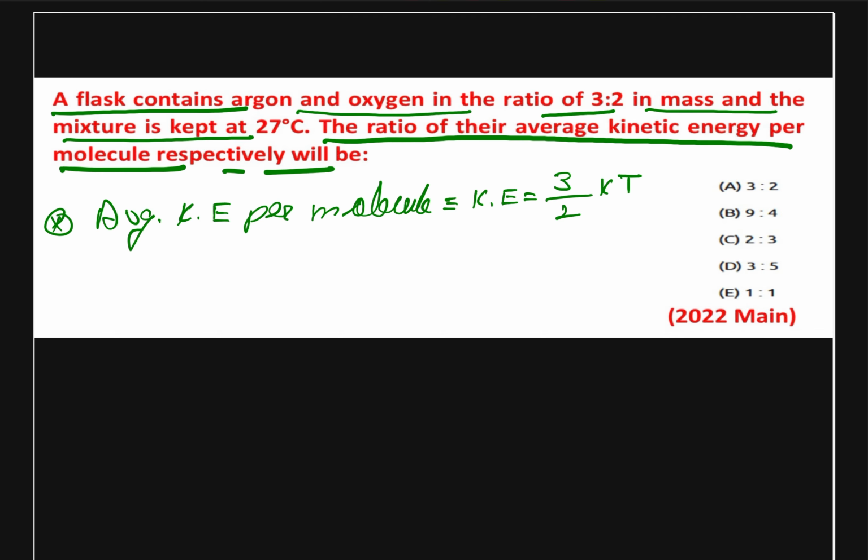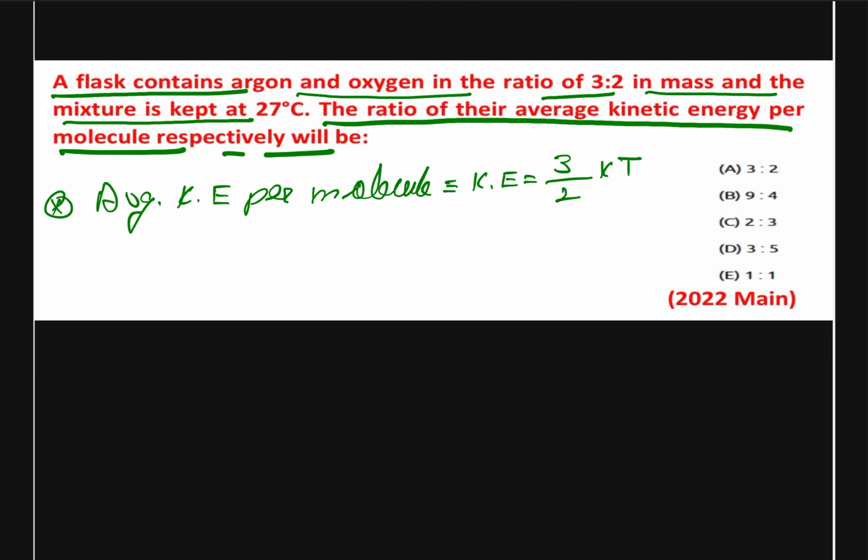We have two gases and we need to find the ratio. Kinetic energy for argon to kinetic energy for oxygen will be 3/2 k times the temperature of argon over 3/2 k times the temperature of oxygen, and they are at the same temperature.